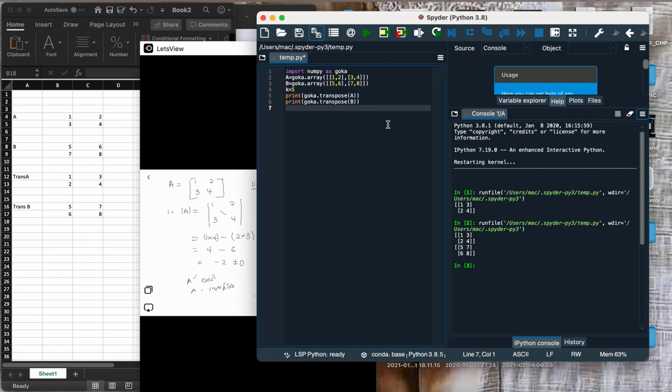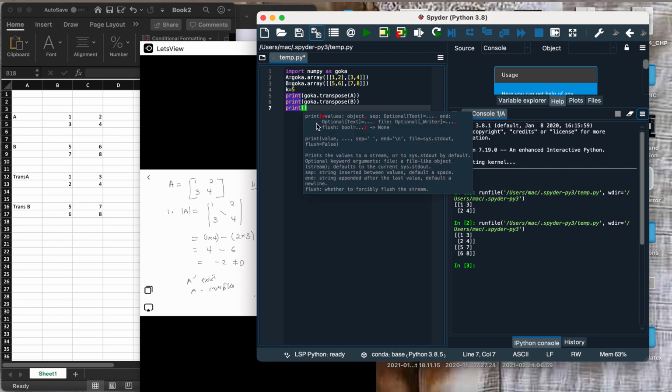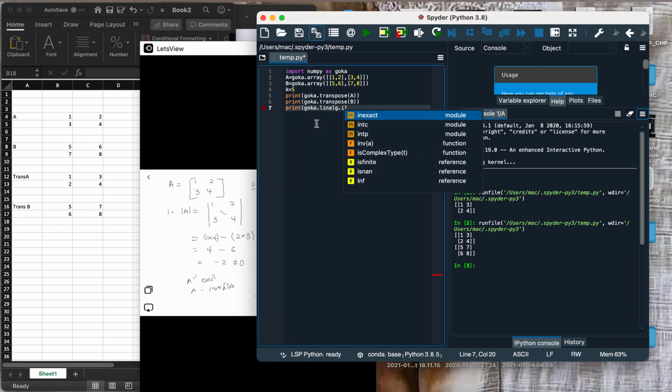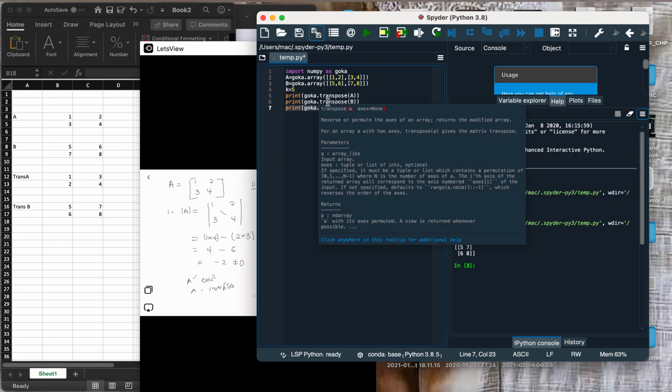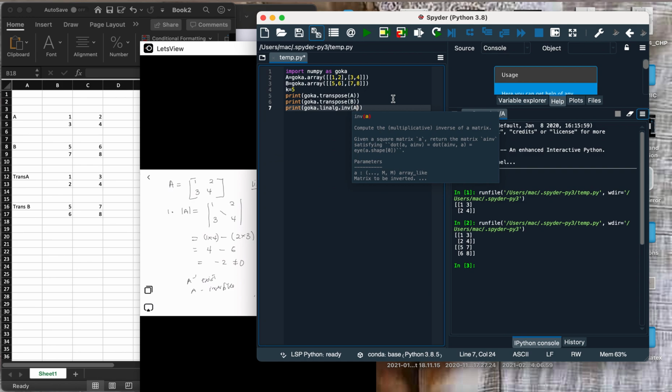So instead of the addition, the subtraction, the transpose that we have been doing, to find the inverse we simply replace the add or the subtract with linalg.inv. Right, so we have print, open bracket, np.linalg.inv, and this takes only one argument, which is to find the inverse of just one matrix.